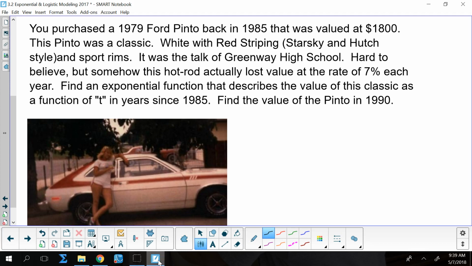So, a couple of things that we need to find in the problem. First off, what is my P sub 0? 1800. This value right here is my P sub 0. Is this classic car gaining value every year or depreciating in value every year? It's depreciating because it says right here that we are losing value, so that's going to mean a minus sign there.